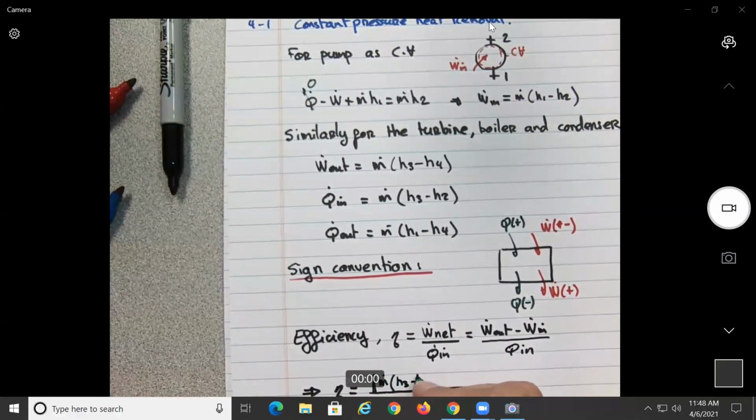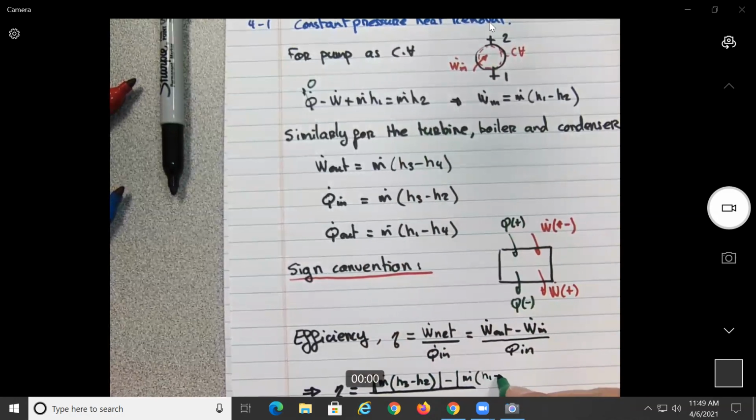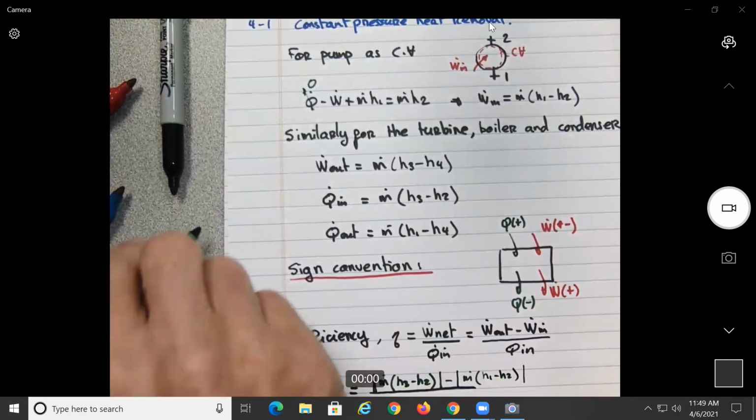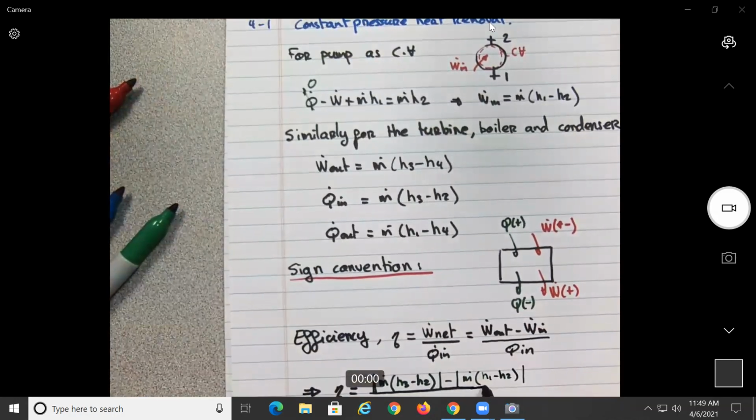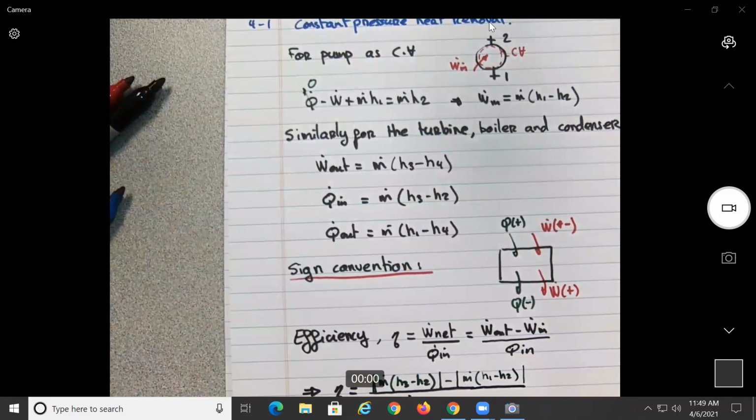H3 minus H2 minus absolute value of m, oops, in is H1 minus H2, divided by absolute value of Q in, which is H3.